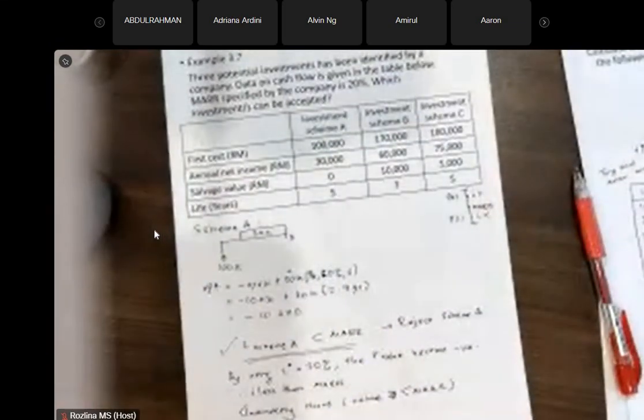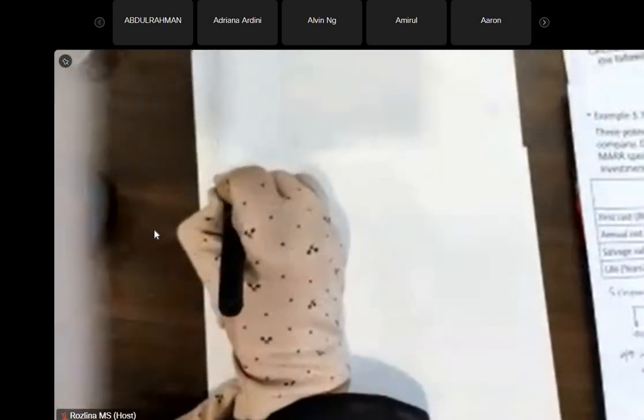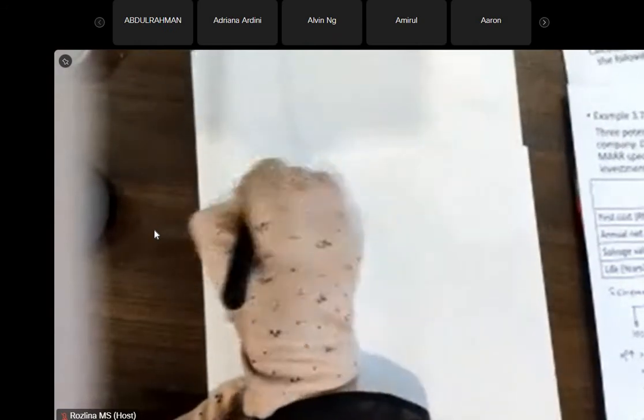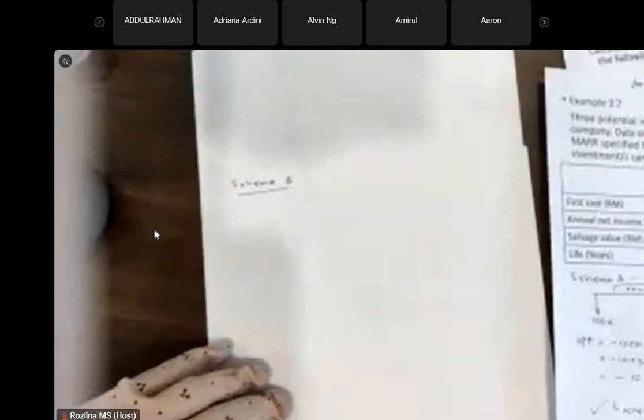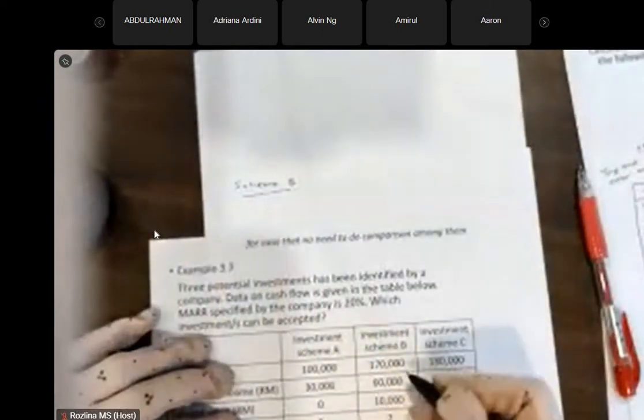What about scheme B? Now scheme B. Look at the values here.